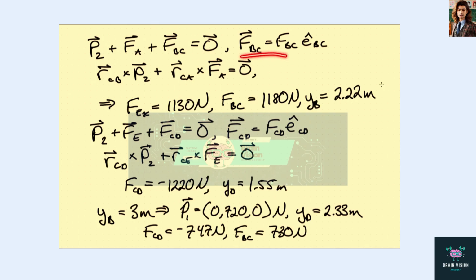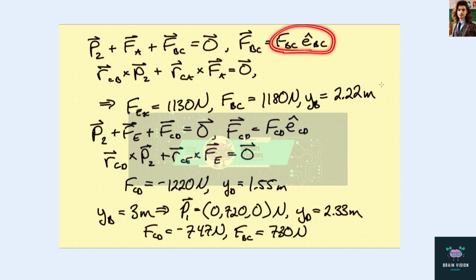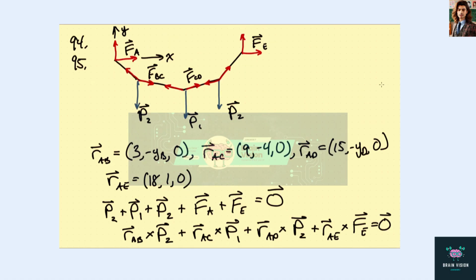Now FBC has a magnitude of FBC and is in the direction of the unit vector from B to C. We can figure this out because we can figure out what the vector from B to C is, and then we can normalize it. We can figure that out by knowing the vector from A to B and A to C. So this is not known, but it is a function of our unknown variable here.